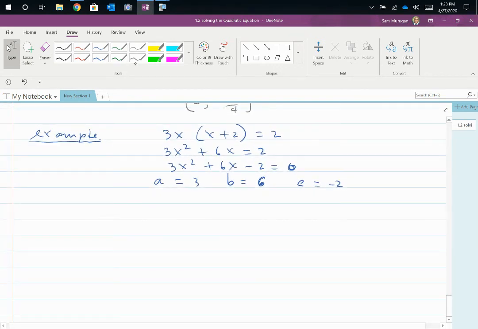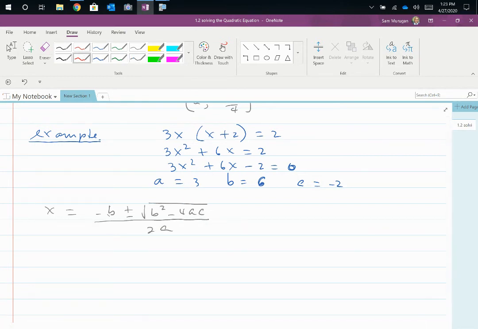Always write your formula first. X is equal to minus B plus or minus the square root of B squared minus 4AC over 2A. And then take one whole step to make your substitution.